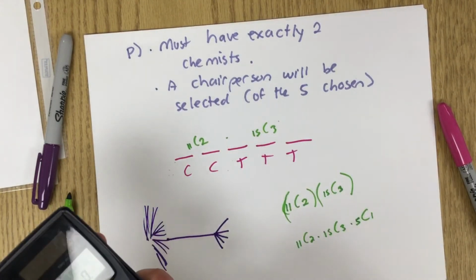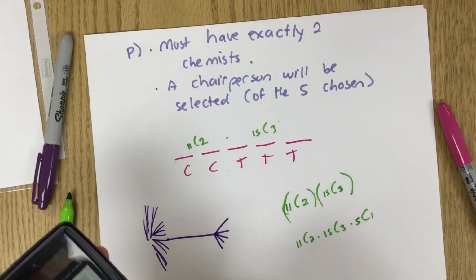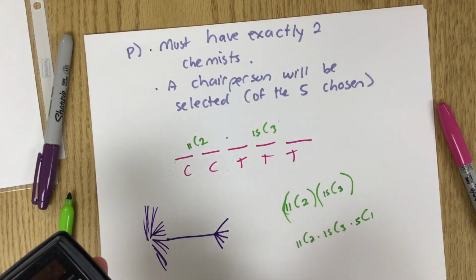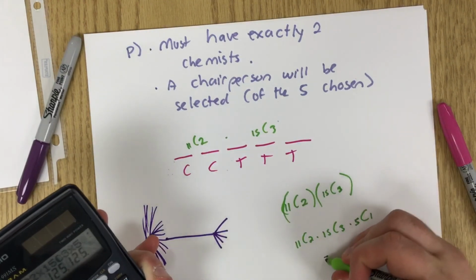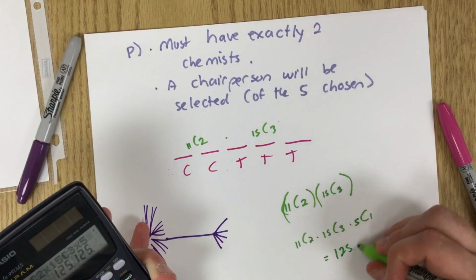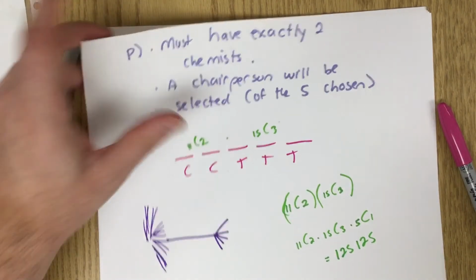So if we actually do it, it would be 11 choose 2 times 15 choose 3 times 5 choose 1, which is 125,125. And we're done that.